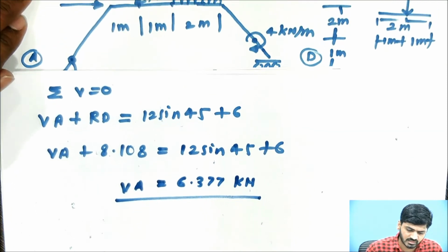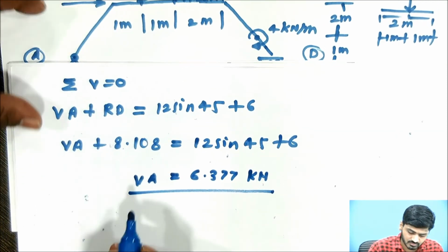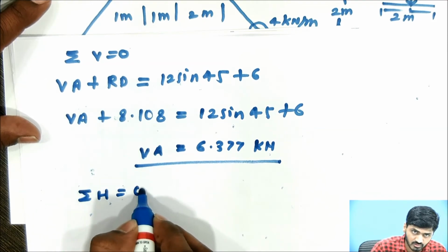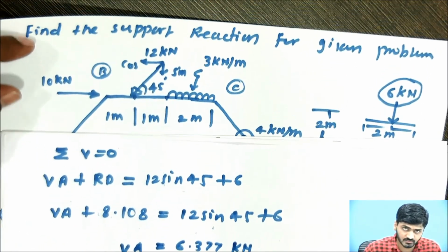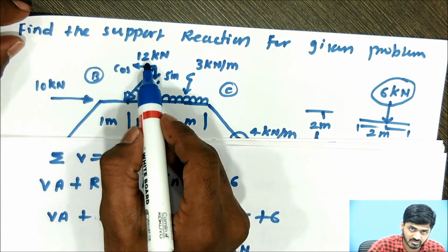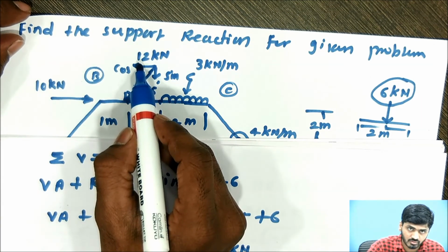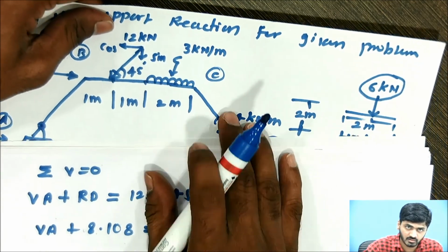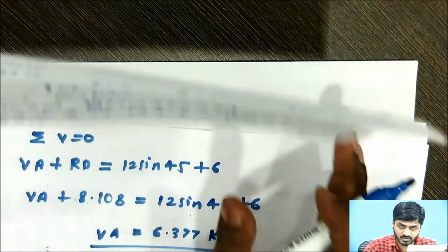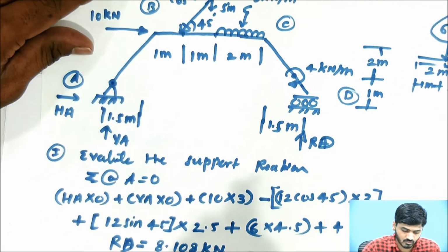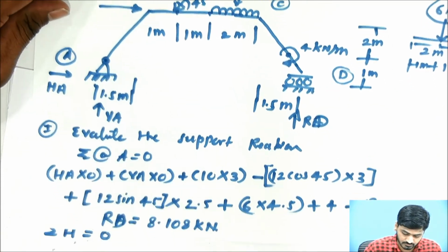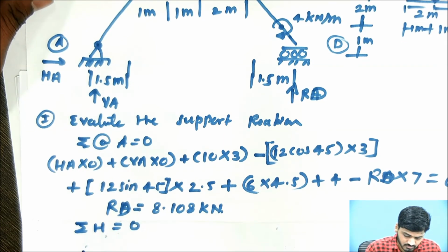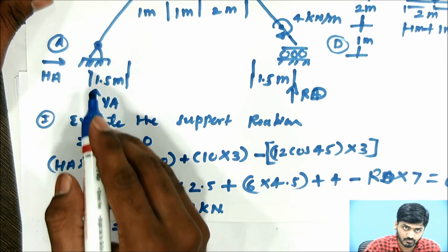Similarly, we now calculate the horizontal forces. We consider summation H is equal to 0. How many horizontal forces are present? One is HA, first, right-hand side positive.